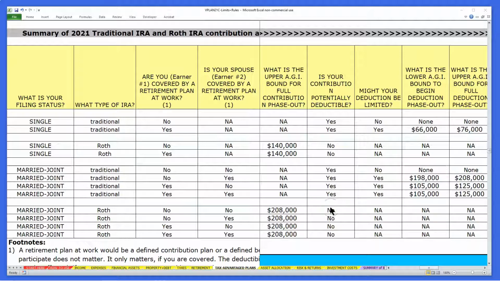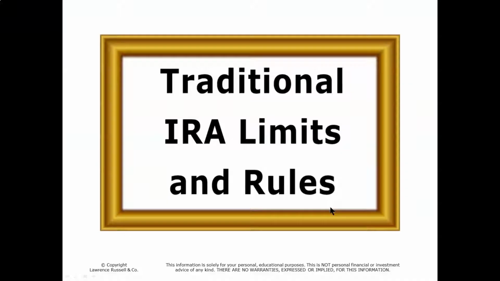So again, this is quite complicated, and obviously if you need to, you should do extensive reading of IRS documentation to try to figure this thing out. But the opportunity is there for married people to do a series of backdoor Roth conversions for perhaps one spouse, if not both spouses. That concludes this Roth IRA limits and rules video.